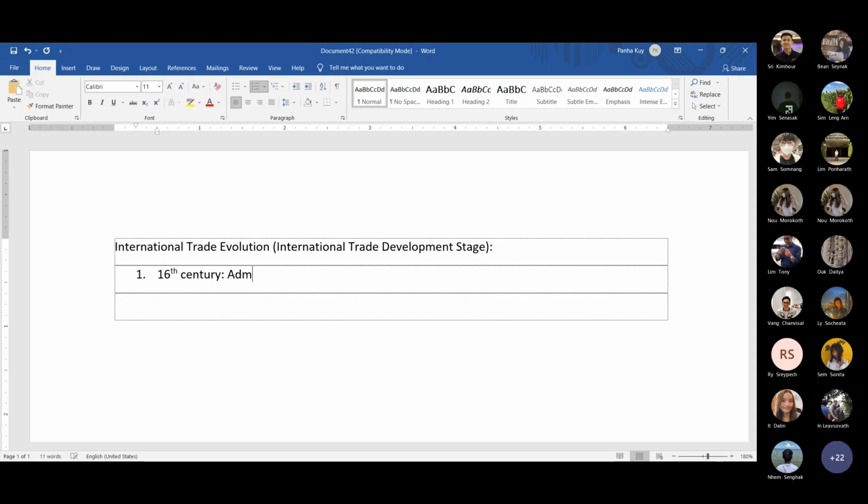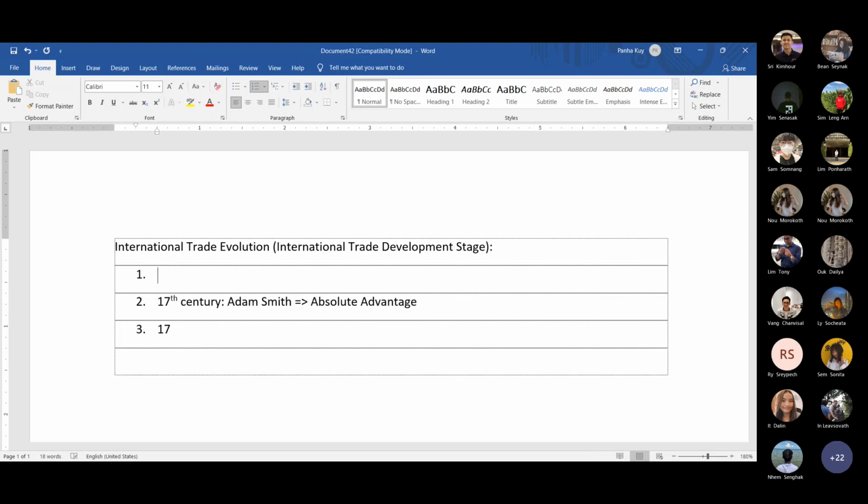Introduced with the absolute advantage. Then maybe the 17th century.